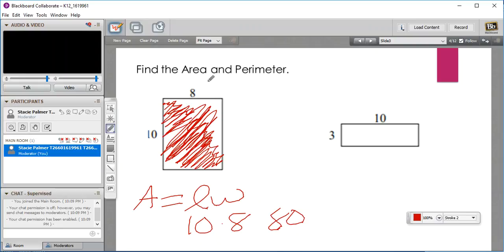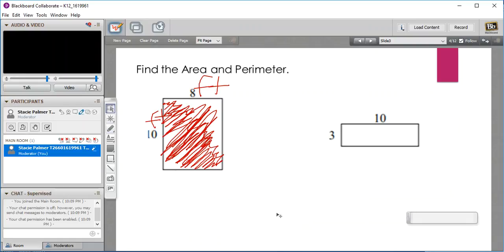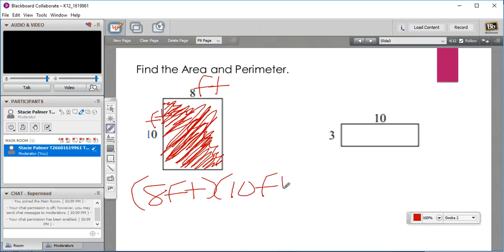Now, one thing we have to pay attention to is units. So let's say this was 10 feet and 8 feet. When we multiply 8 feet by 10 feet, the units of the 8 is feet, and the units of the 10 is feet.